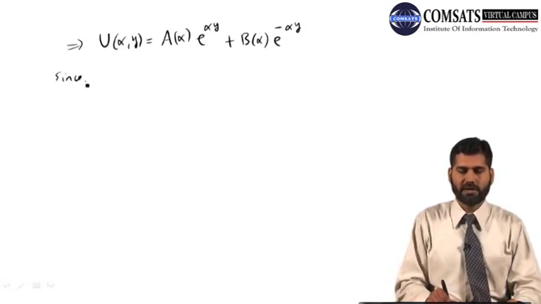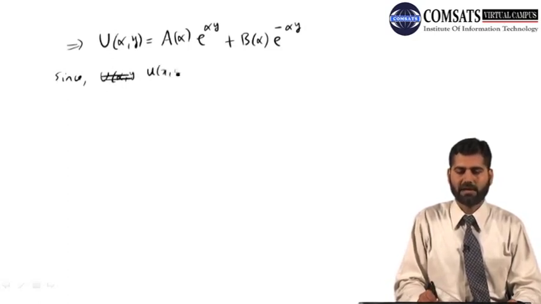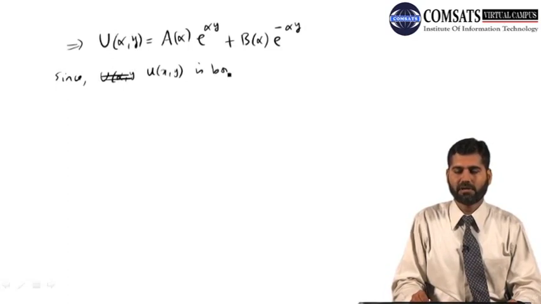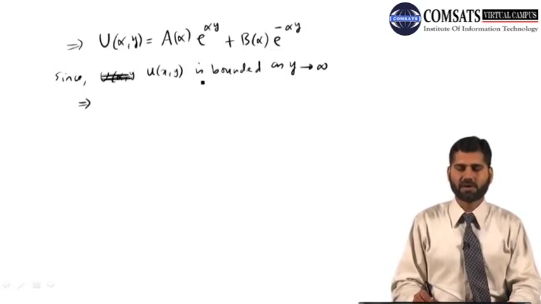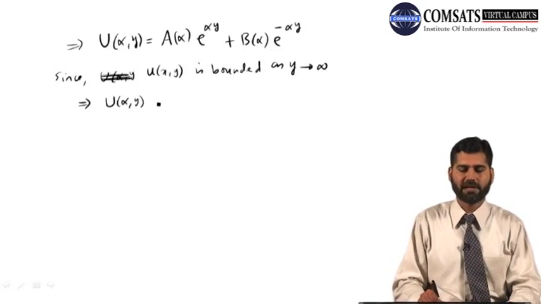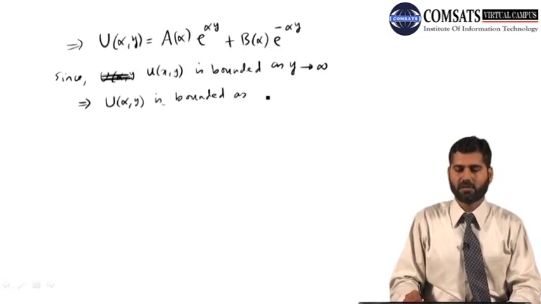Since u(x,y) is bounded as y goes to infinity, its transform should be bounded as well. U(alpha, y) is also bounded as y goes to infinity.